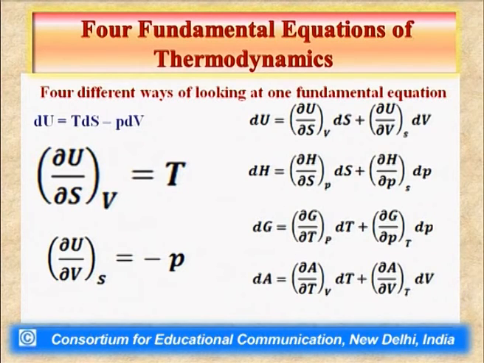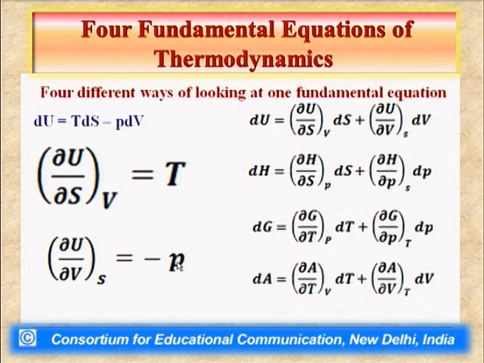A similar interpretation can also be made for (∂U/∂V) at constant S equal to minus P. Here you can see, if you rearrange the equation written at the bottom left corner, this represents the change in internal energy with change in volume. As you can see, the differential coefficient is minus P. P is a positive quantity, and when multiplied with a minus sign it is therefore a negative quantity.